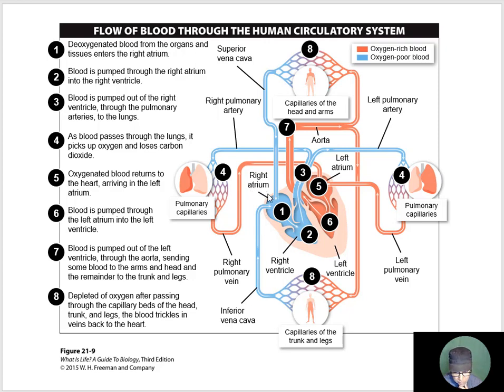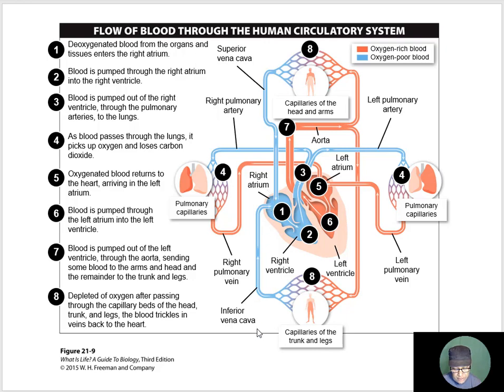So here we have the right atrium. This is where the deoxygenated blood is coming in, right? So it's coming from the superior vena cava, which is bringing blood from the capillaries of the head and the arms, the upper body, right? And so that deoxygenated blood is going to flow into the superior vena cava, and it's going to go into the right atrium.